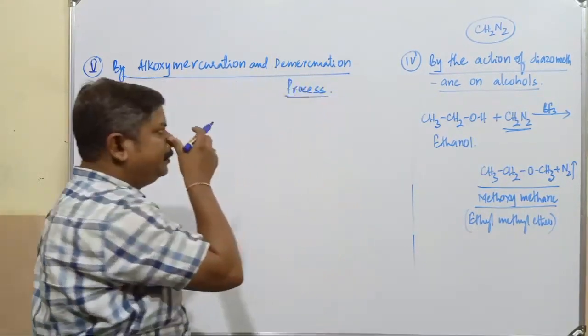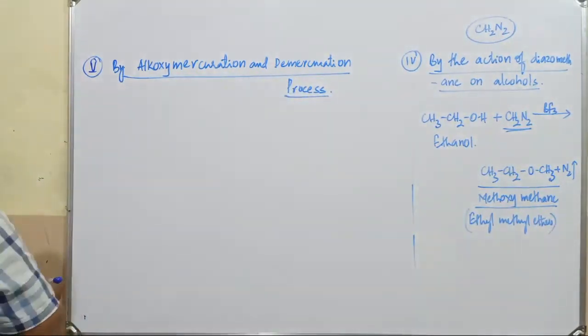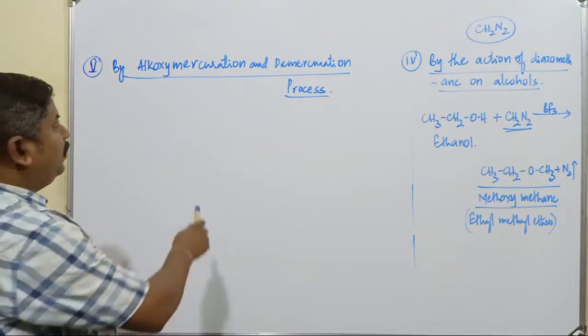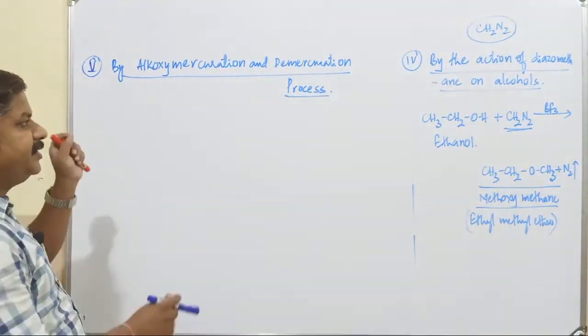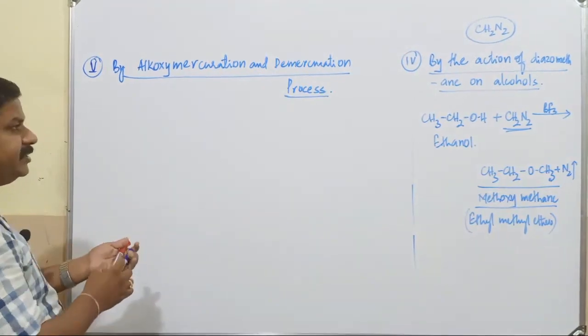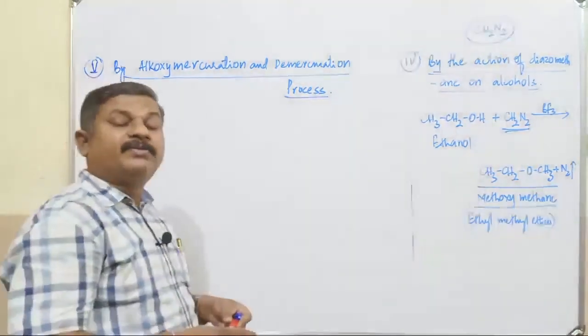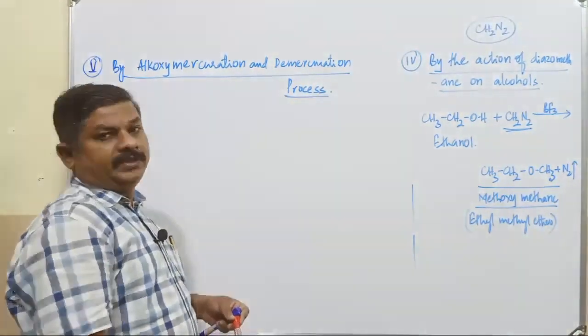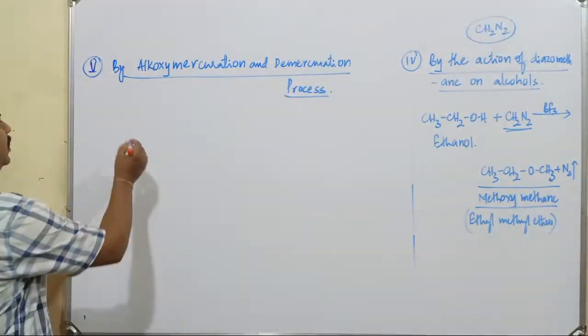What is this method? Alkoxymercuration and demercuration process. Already we have discussed the same type of method called oxymercuration and demercuration in case of alcohols.